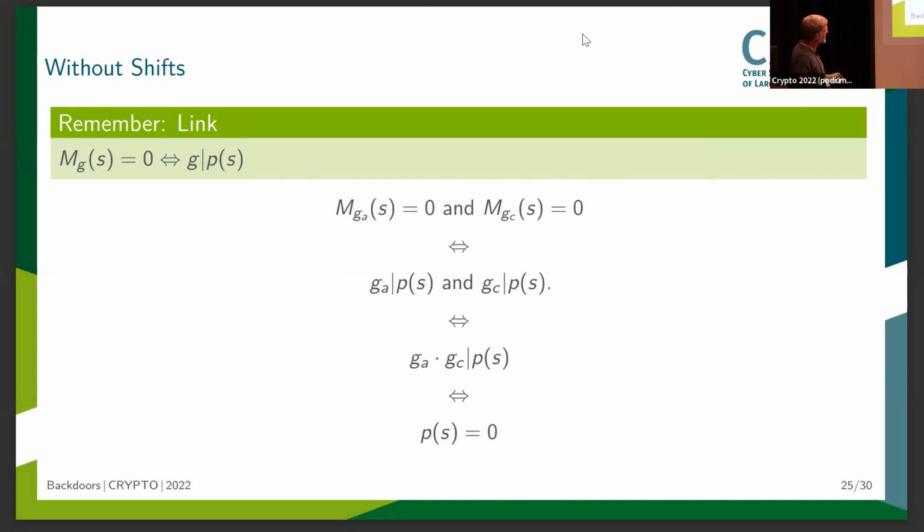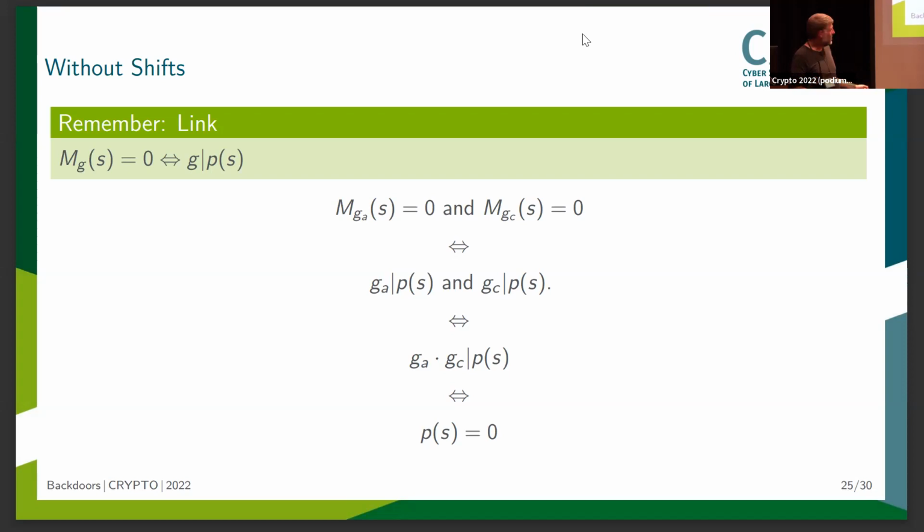With the link, that means that this polynomial P of S is divisible by both the feedback polynomial of LFSR A and the feedback polynomial of the second register. Yeah? And now, because those are primitive and of different degree, if they both divide, the product has to divide it. But the product now is a degree 64 polynomial. And this has to divide a polynomial of degree 63 at most. So that's not going to work.